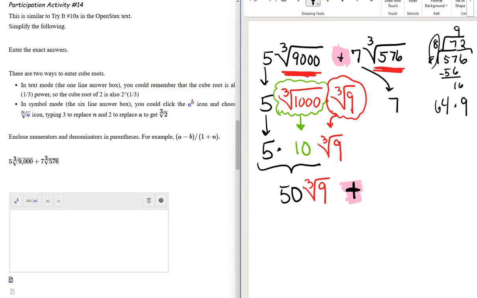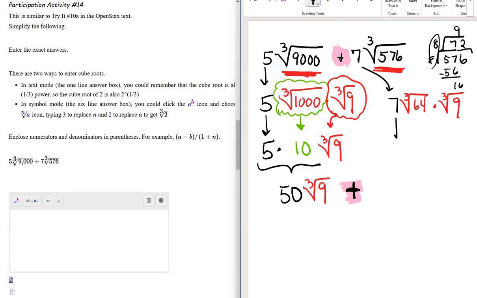So 64 times 9 is also 576. And 64 is a perfect cube. I don't know if you're following me or not, but I can break it down to be the cube root of 64 times the cube root of 9.